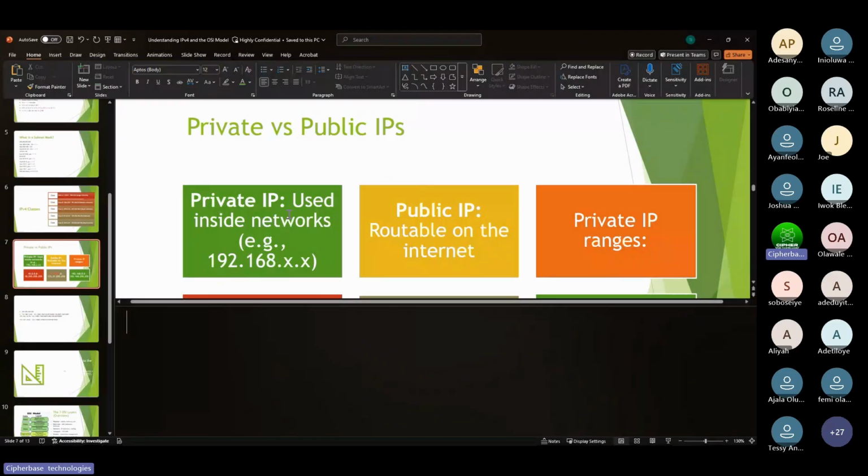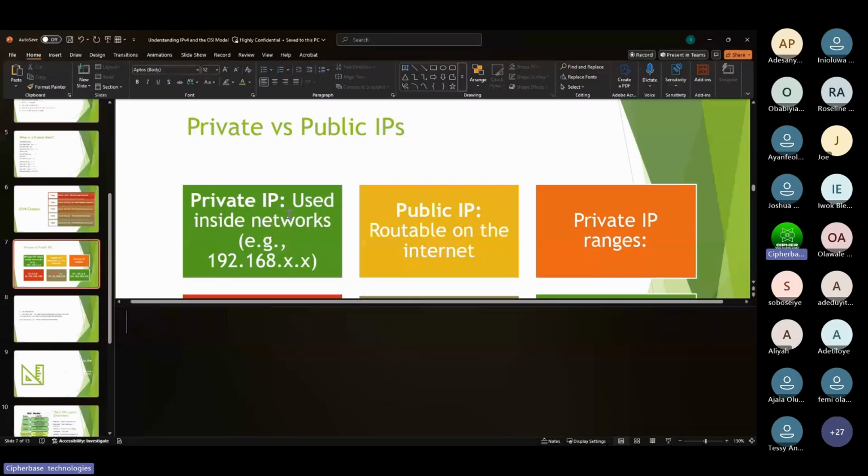You should know that a private IP can't be used to hack anything. It's only a public IP that you can use.